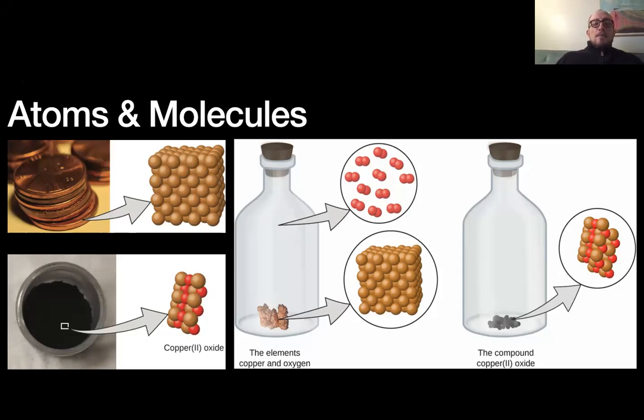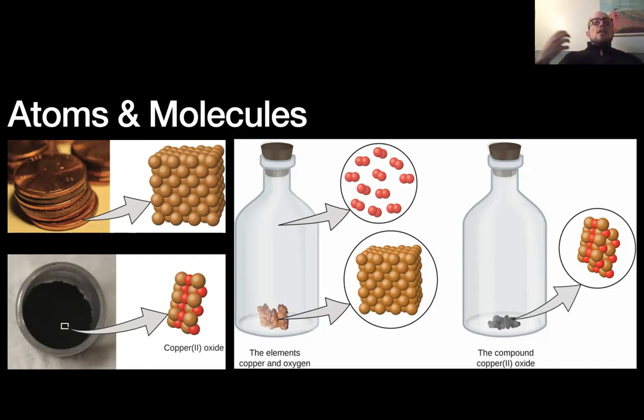Now, atoms are these objects that were hypothesized to exist for thousands of years, but only really discovered by chemists in the 18th and 19th century as they started to work with the vast array of materials they had available and found that some materials could not be broken down into other materials, while other materials could.